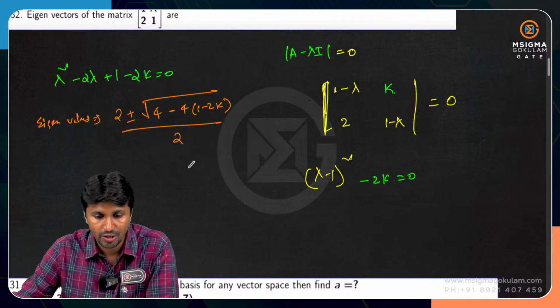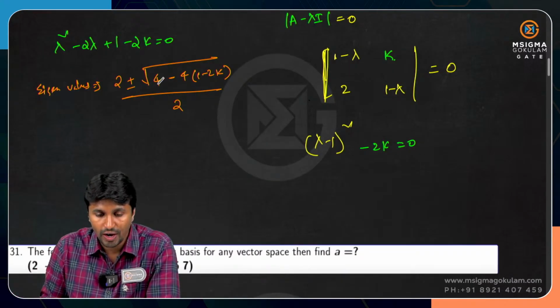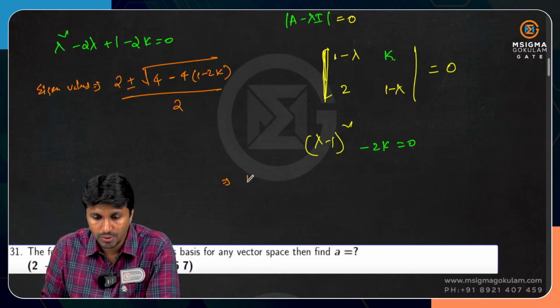If I take 4 common from both these terms, and it comes outside the square root, it becomes 1 plus or minus, because 2 by 2 is 1. So 1 minus 2k is simply 2k, right? So therefore you have eigenvalues.